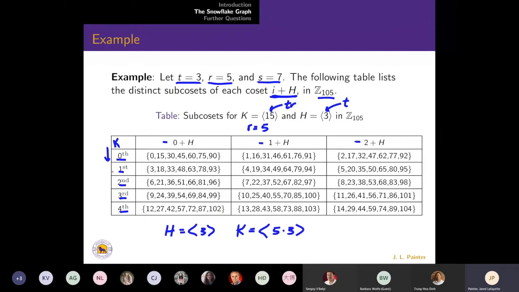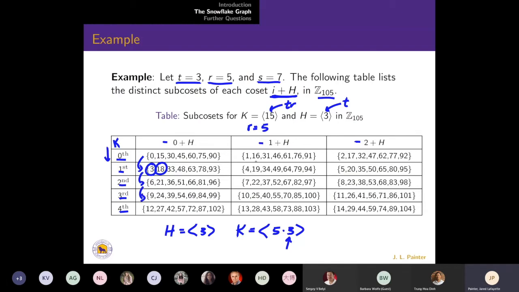When I move from the 0th coset to the 1st coset, it's all of the elements in the previous coset with 3 added on, because that's how I'm increasing things in K when I multiply by the generator T from H. So I can calculate all my elements in the first subcoset in 0 plus H by taking the previous elements and adding 3, and then you go to the next one and you add 3, and so on.